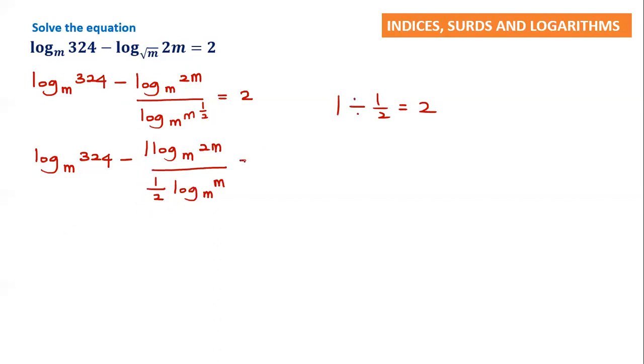So I'm going to write one more step: log m 324 minus, the 1 divided by 1 over 2 is going to be 2, right? I put on top the 2 with log m to m. So maybe you can ask me, sir, where is the log mm? So log mm represents 1, gone. Understand?